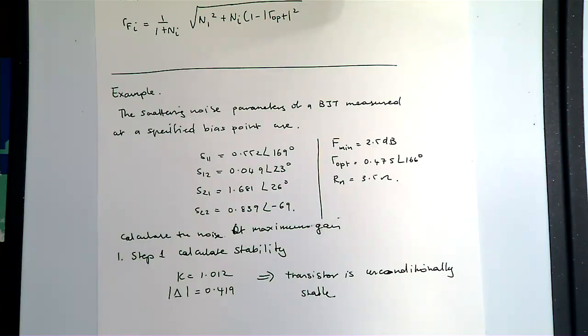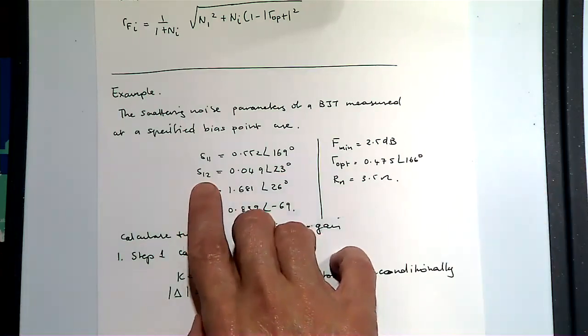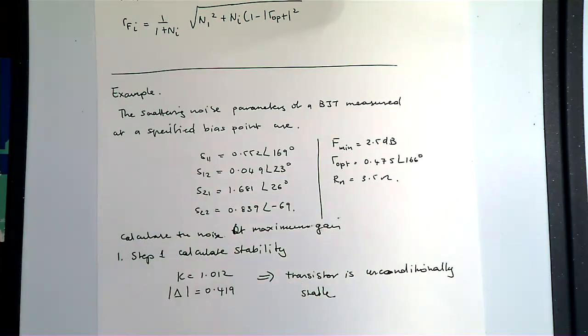Now, if we look at this particular problem, we see that S12 is non-zero. So we know that it's not unilateral, right? Now, we may be able to use the unilateral approximation, right? But then that means we've got to do a little bit of work in order to see, does that unilateral approximation actually hold?